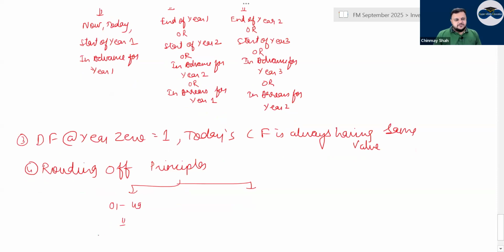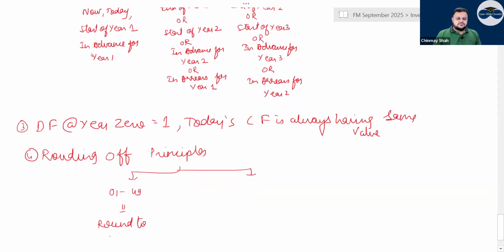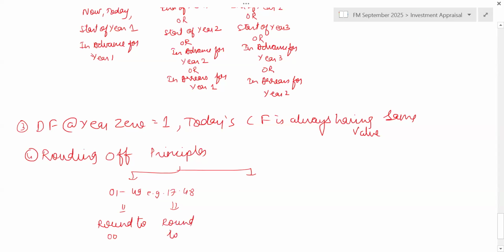Wherever it is, round to 0.0. Right? Write an example: 17.48. You will round to 17 or 18? Tell me. 18. Forgive me. 0.1 to 0.49, madam. Okay, fine, 17. Right?